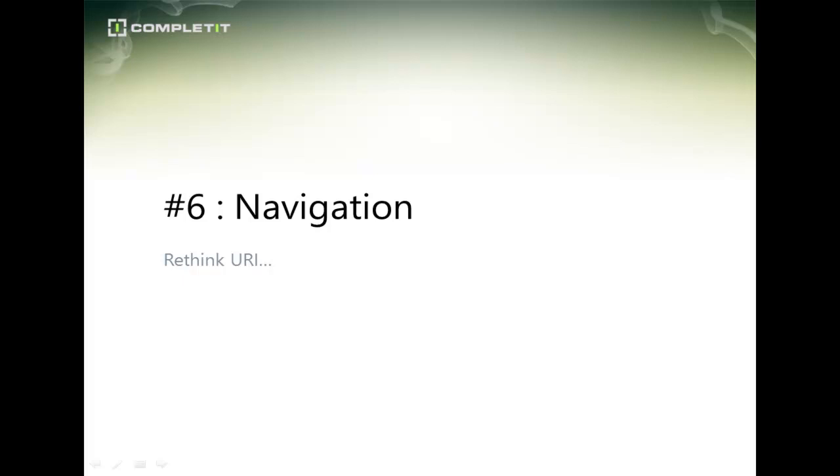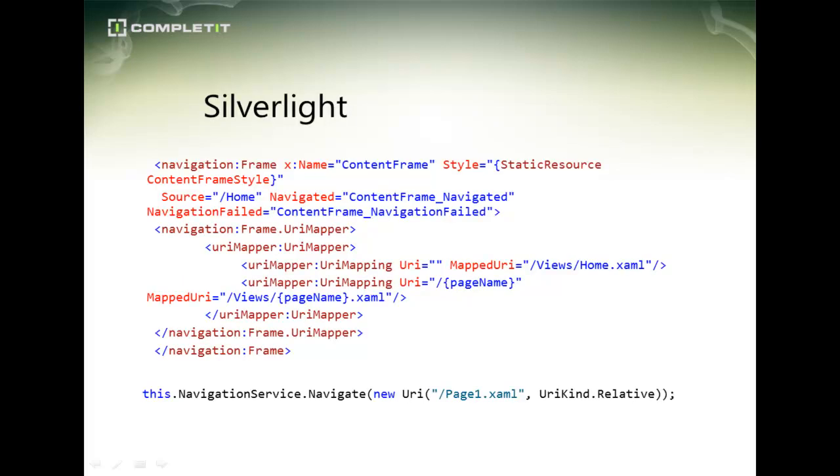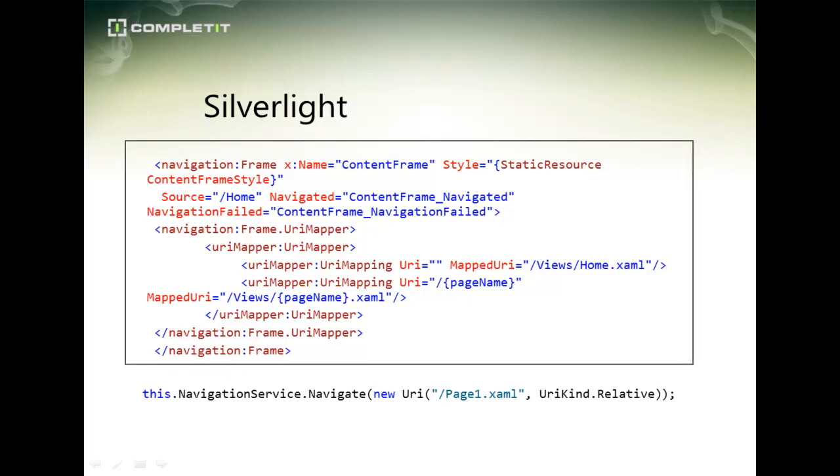So, rethink URI. In a typical Silverlight application, when we were navigating from one page to the next, this is pretty much the standard. We had navigation, we had a frame, x:Name ContentFrame, maybe gave it a style, but then we used the navigation frame's UriMapper. So UriMapper equals Uri, and in this case we're going to map that to Views/Home.xaml.